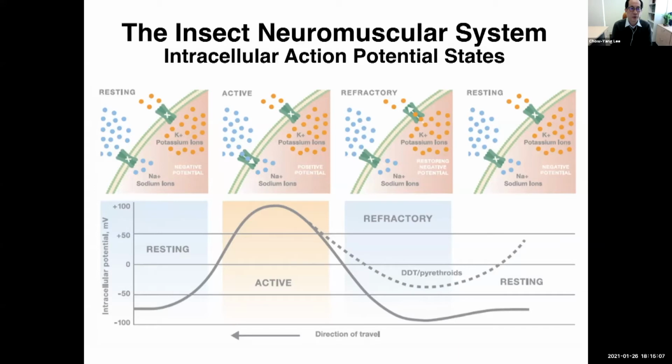So when a stimulus is given, the sodium gate would open and the sodium would move in, and that would create an action potential. And subsequently, the potassium gate opens, and the potassium would travel out while the sodium channel gate would close, and then they will be back to the resting potential.